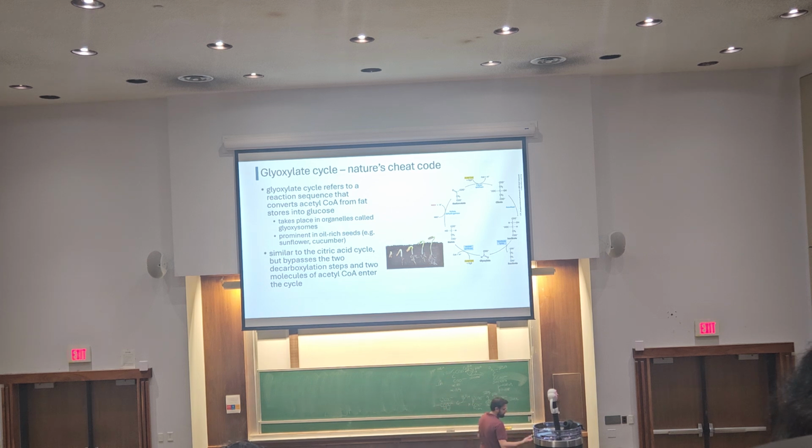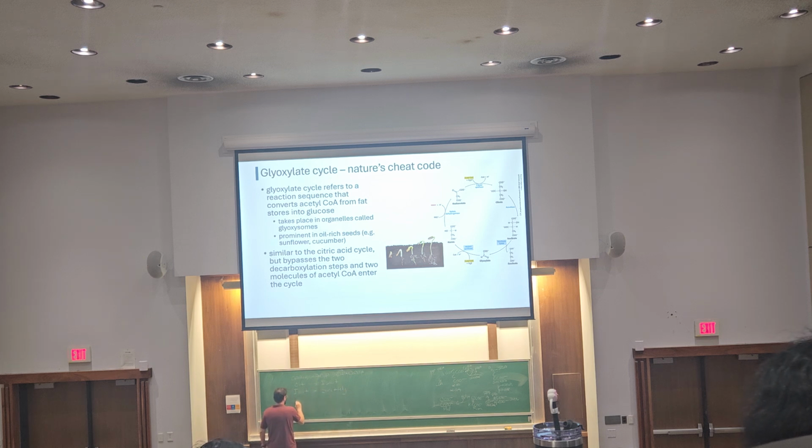Well, we have oxaloacetate plus H2O plus acetyl-CoA yields citrate plus CoA-SH. That's it. Now this citrate becomes isocitrate. Isocitrate becomes succinate plus glyoxylate.